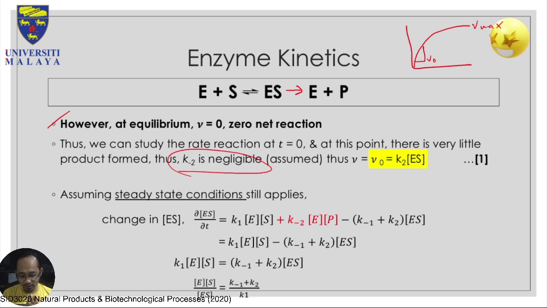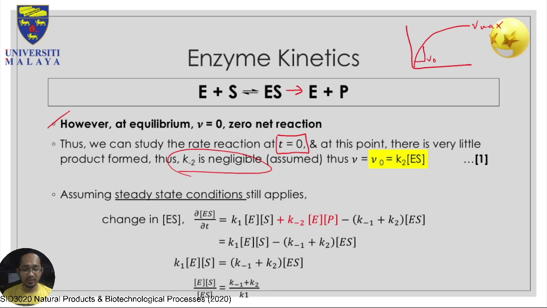That's what we are interested in. So here I abbreviated it as t equals 0, but it doesn't mean exactly 0. It means the early rate of reaction, because calculating at 0.00 seconds is almost impossible, even if you are doing a reaction.